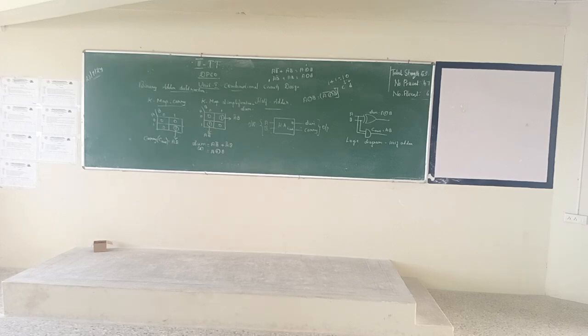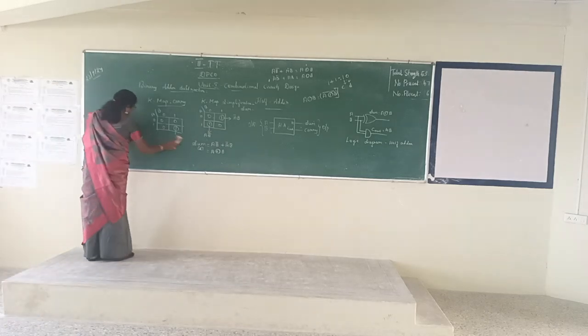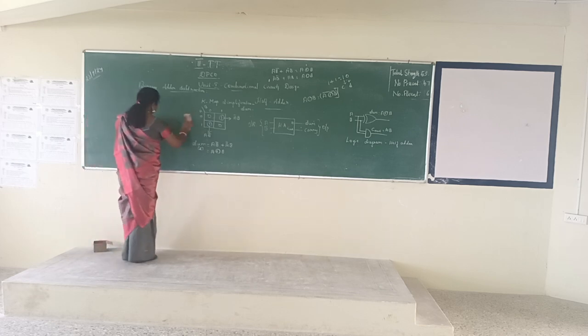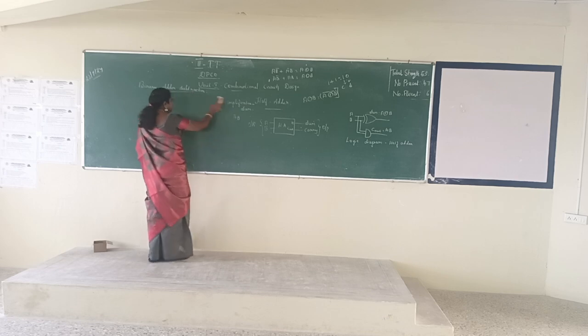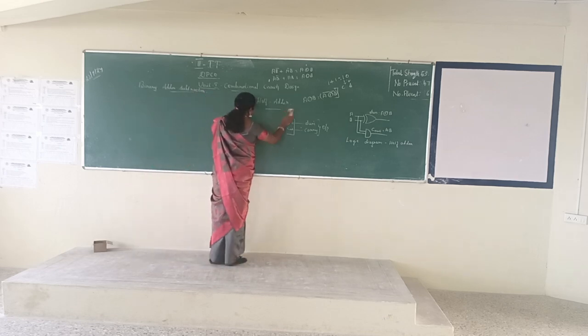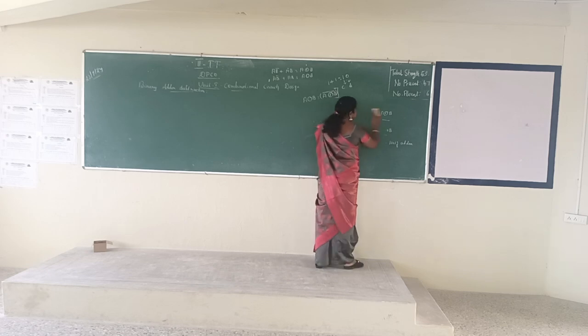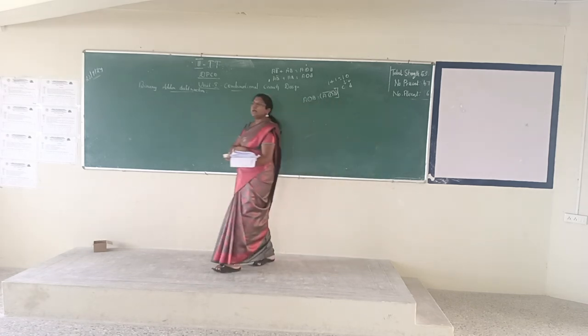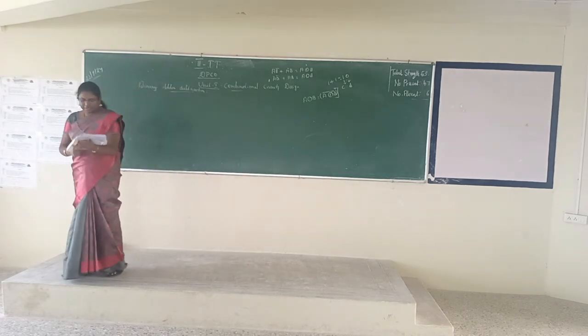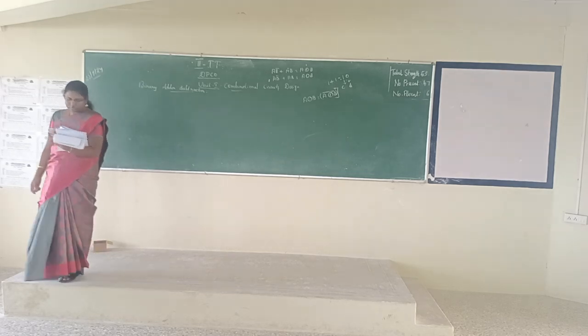Write it down. The full adder accepts two input bits and an input carry and generates a sum output and a carry output.